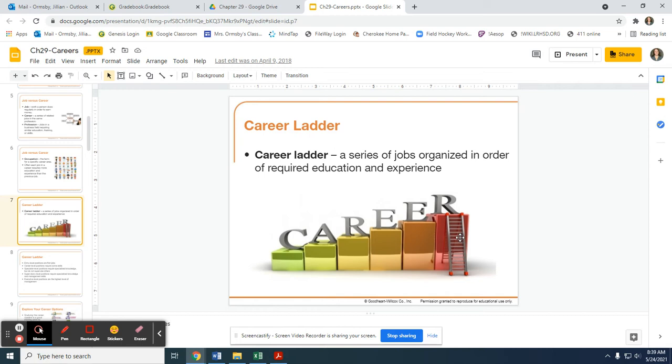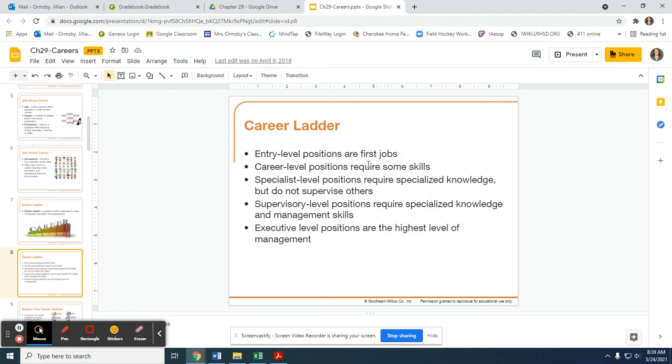So maybe if you want to be a police officer, you're starting to work as a security guard, then you go to the police academy and you become an officer, then you work your way up through the ranks. As an officer, then maybe a detective, then maybe sergeant, lieutenant, etc.